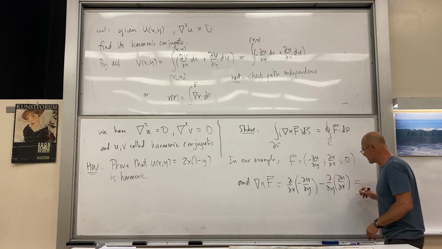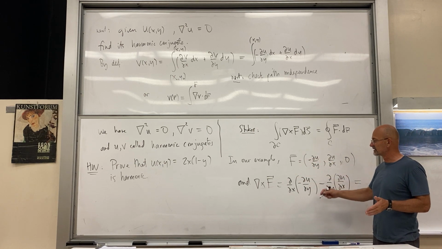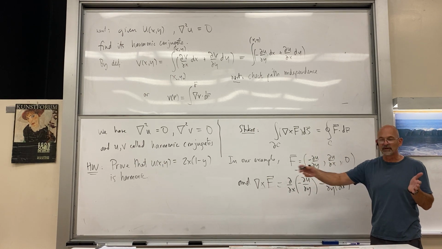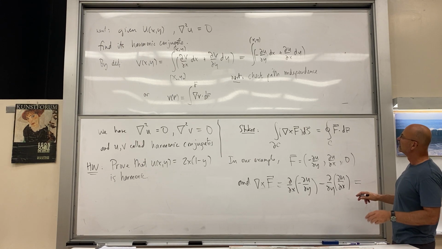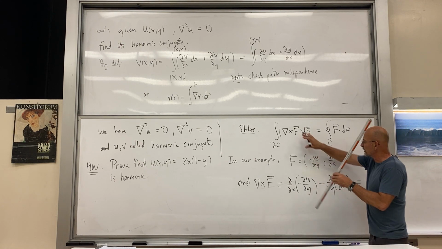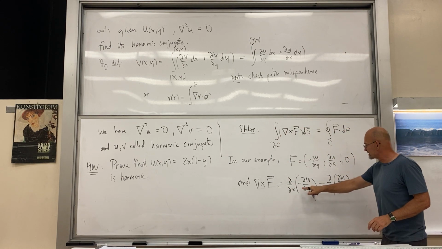That would be the third component, right? The curl component that's perpendicular to the plane is the one we want, because of this surface integral. Okay, I'll draw a little picture in a moment. But yeah, this is clearly 0.